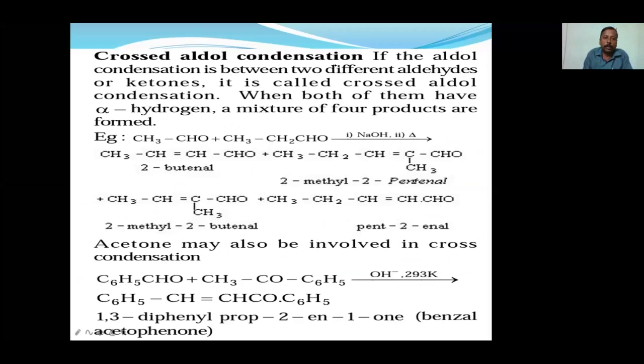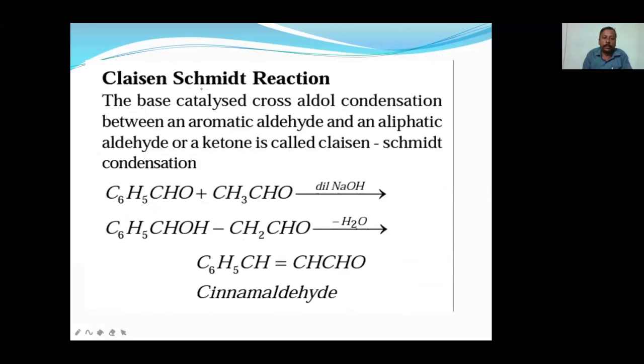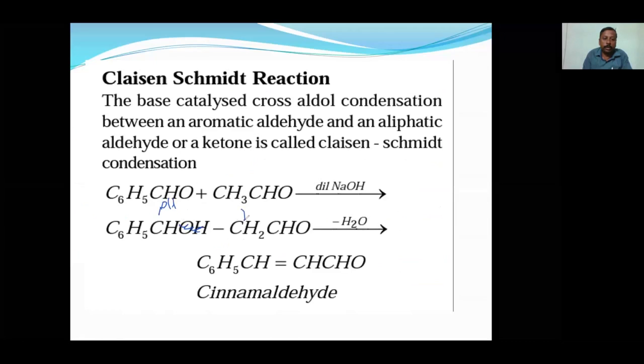So don't neglect this topic. Okay, then the Claisen-Schmidt reaction. Okay, so we have already done this. According to aldol condensation, this OH will be here. So this hydrogen and this OH are removed when it is heated. Then it will give you the unsaturated aldehyde. Okay. So that is called a Claisen-Schmidt reaction.